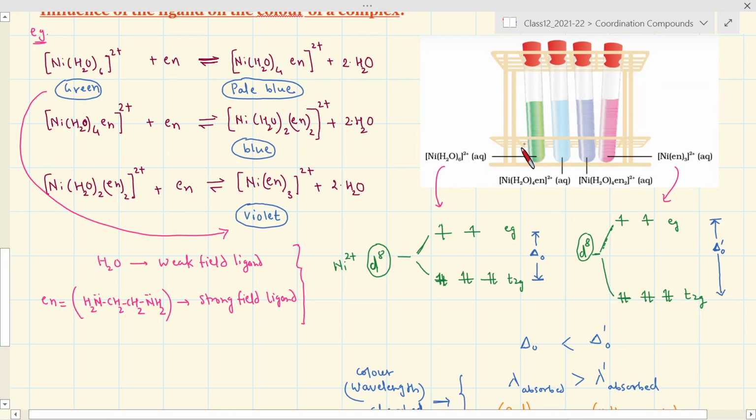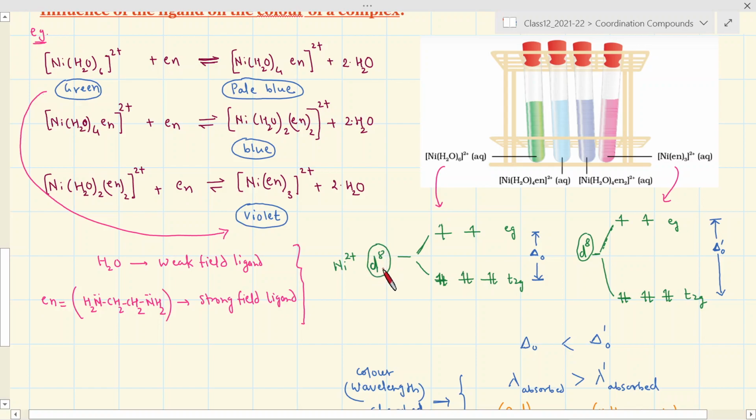So if we look at this solution, which is the solution of nickel hexaaqua complex, the nickel has an electronic configuration of d8 in this complex. And so is true also in this complex, because both ethylene diamine and water are neutral ligands. So the oxidation number of nickel is 2+, and therefore it will have 8 electrons in the d orbitals.